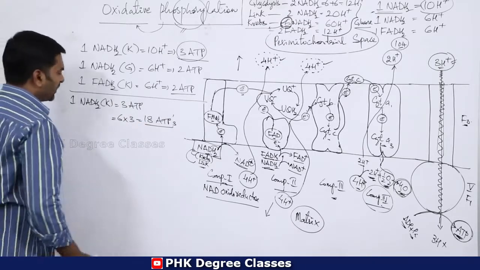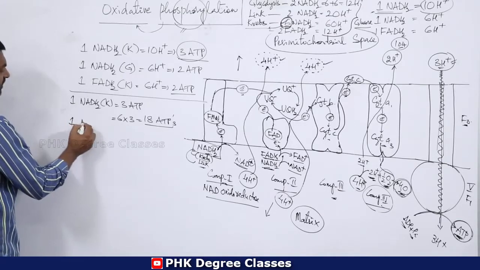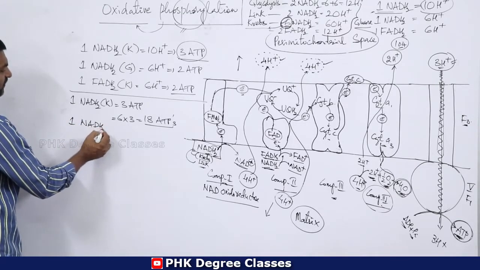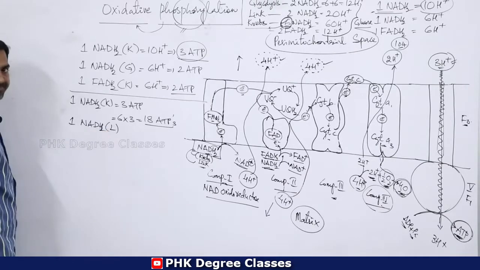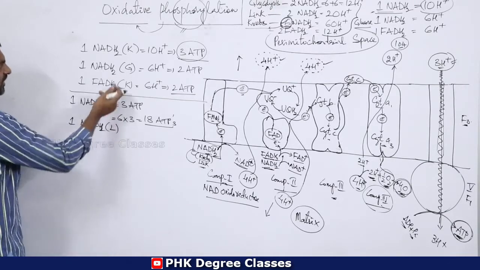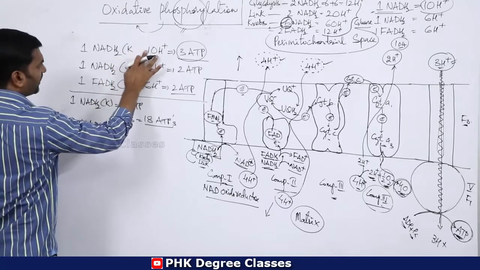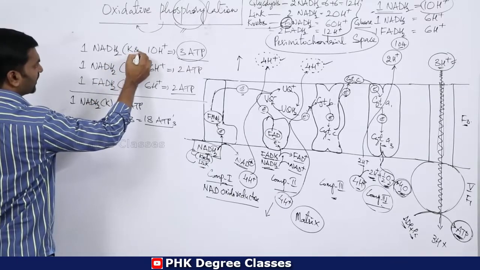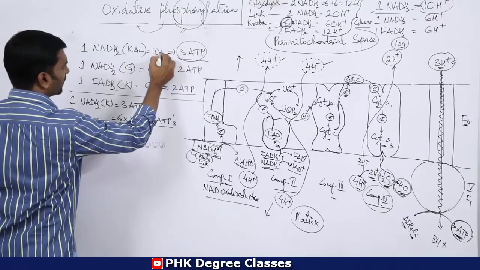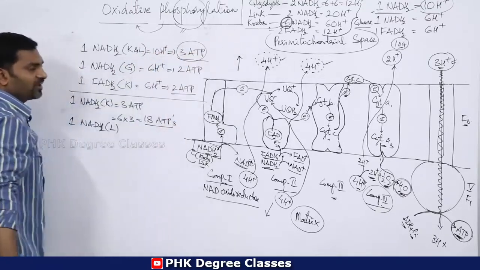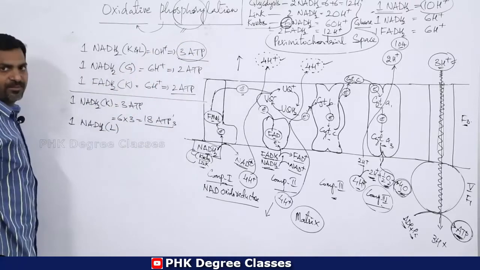Clear? Then come to 1 NADH2 of link reaction. Krebs cycle and link reaction are equivalent to how many? 10 protons. I have already told you in the previous minutes.